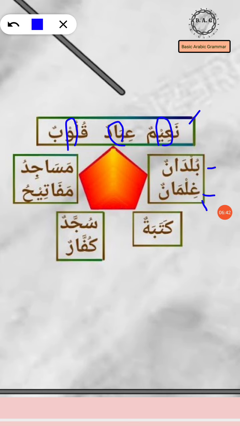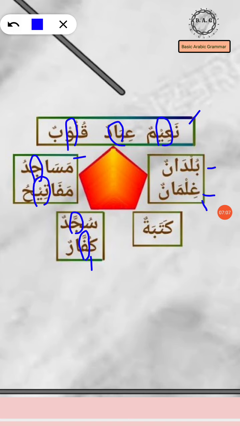All right. Next we have this group, which is masajidu and mafatihu. So we have single, or rather a short sound here and a prolonged sound here. All right. So masajidu and mafatihu. So mafa'ilu and mafa'ilu. All right. Next we have the group where there is a tashdid on the second root letter.